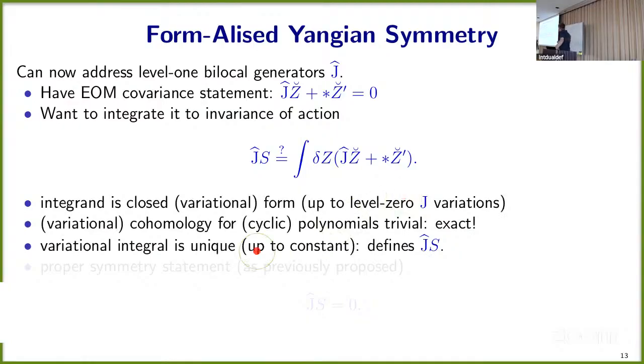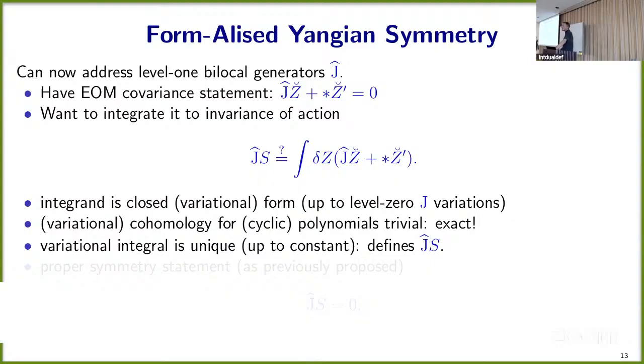Now, the integrand happens to be a closed variational form. Well, maybe you have to add some level 0 variations to it, but you can come up with a closed form for it. If this is closed, then you can apply variational cohomology and hope that the cohomology is trivial.